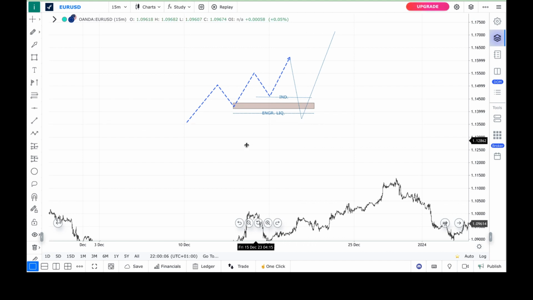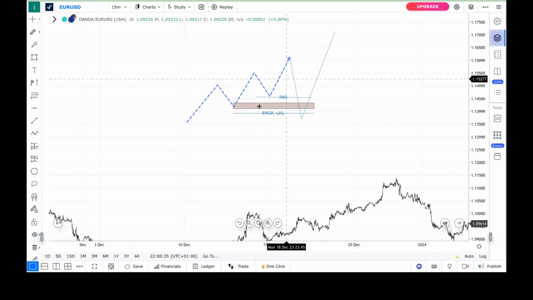I know some of you will be wondering, if the institutions are the ones making the order block, making those large moves, why are they trapping people in it, since they are the ones that formed the large movement? So here is the reason.